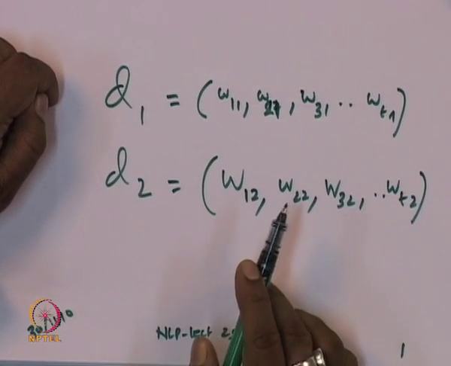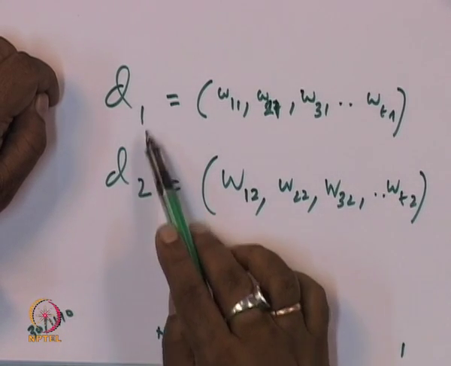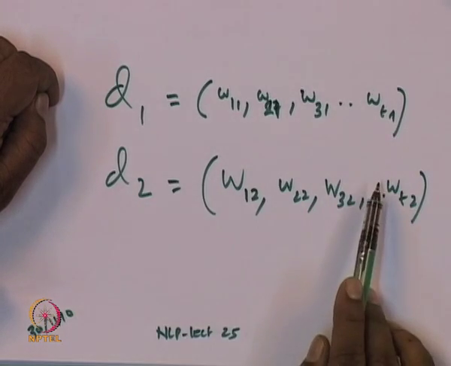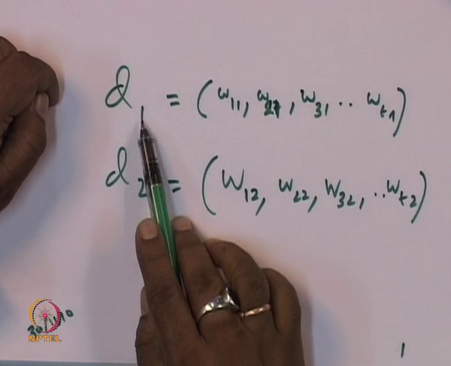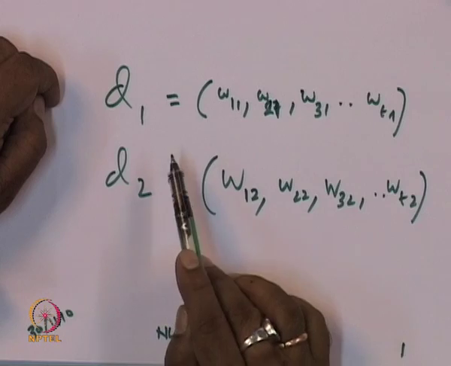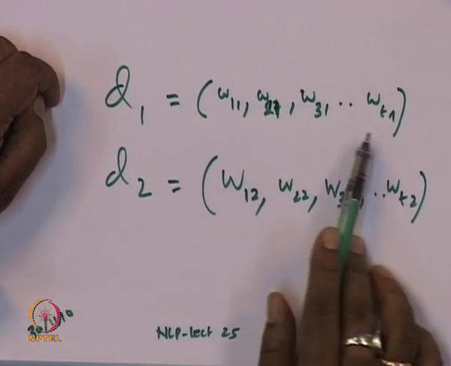Now, the weightage should be such that if the documents are similar to each other, then the weight should capture that similarity, and if the documents are distinct from each other, their contents are very different, that also should be captured by this weighting scheme.